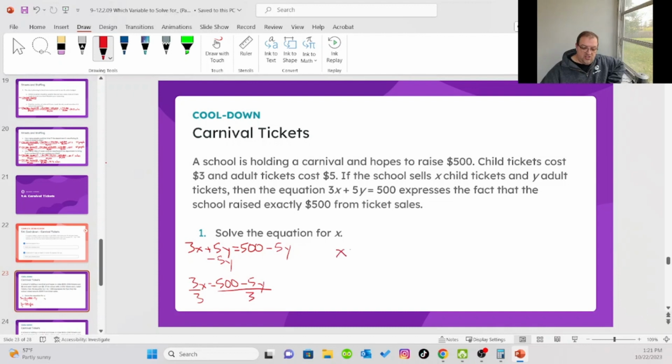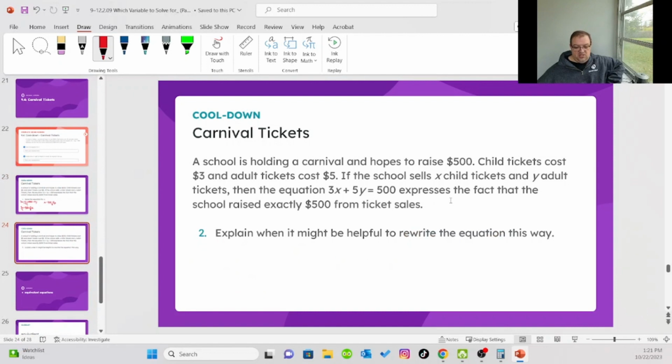So my equation would be x equals 500 minus the $5 per adult ticket divided by the $3 per child ticket will tell me how many child tickets were sold.